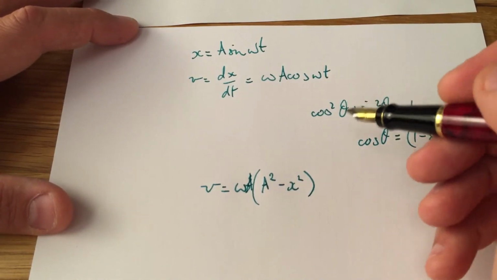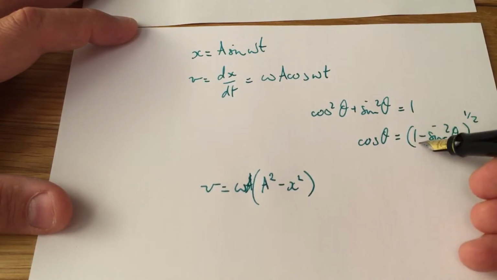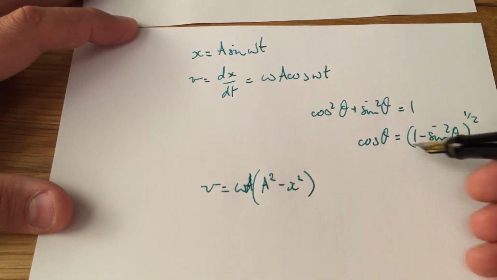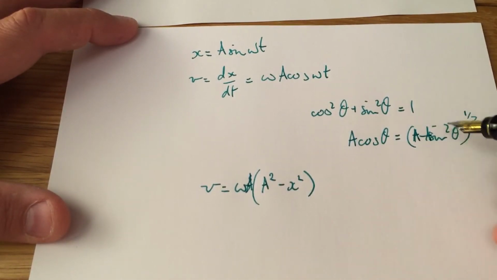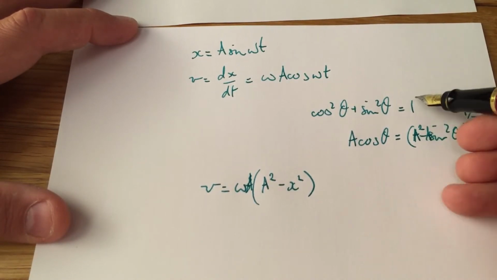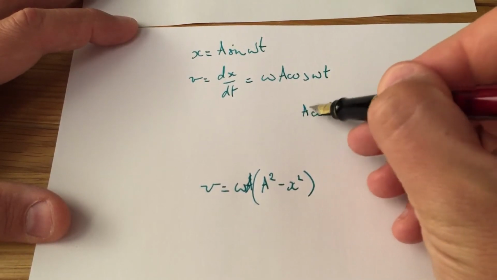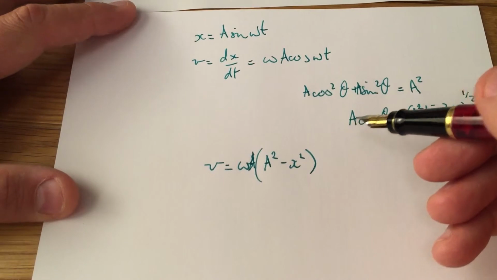Yes, that's right, because this is x. 1 is my amplitude, in effect, and that gives me cos. So a cos theta is going to be the root of a squared minus a squared sine squared theta, which is, in effect, a squared minus x squared. Yes. Okay, so where do we go from here?